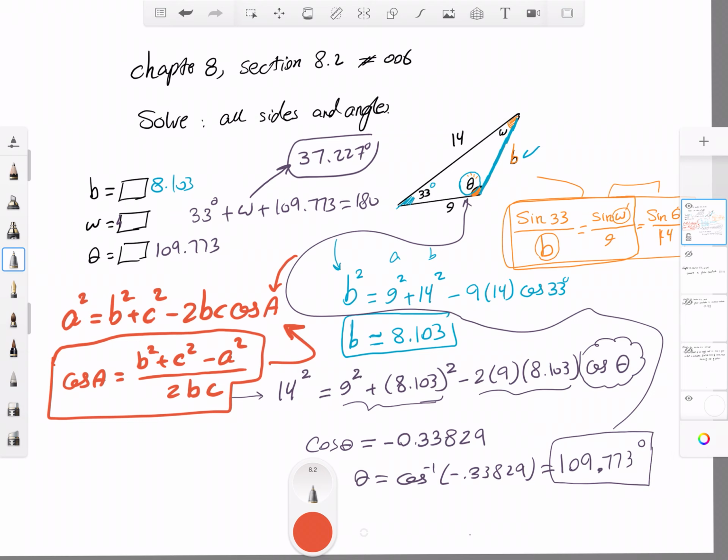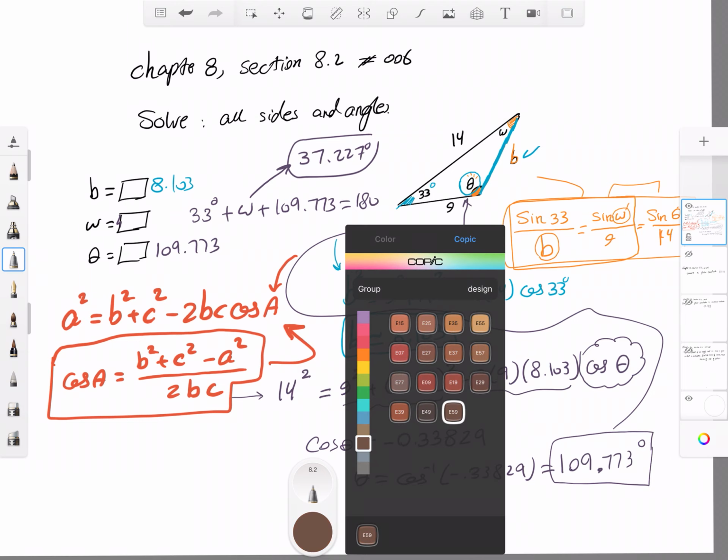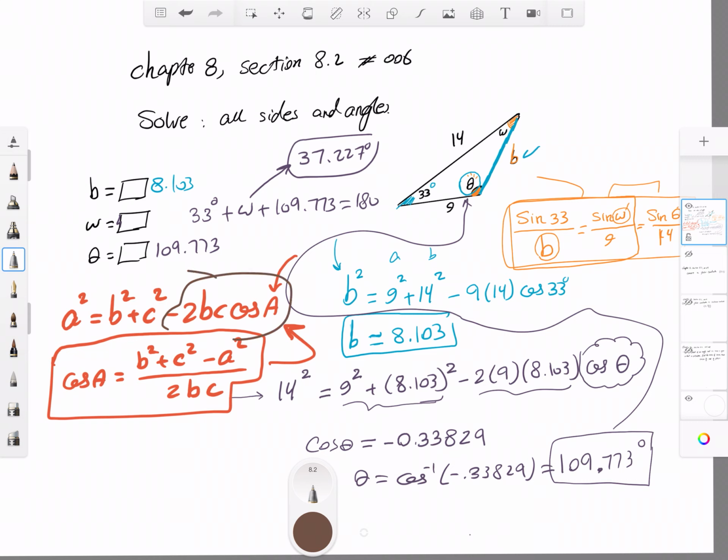I moved this to this side and put a squared on this side. Then I divided by 2bc. I get this. You can do the same thing for cosine of c, which will be a squared plus b squared minus c squared divided by 2ab. Then you use inverse to solve for c. So this was about homework 6.